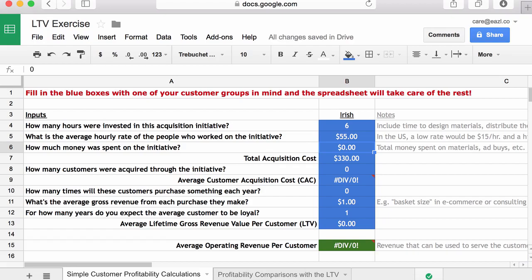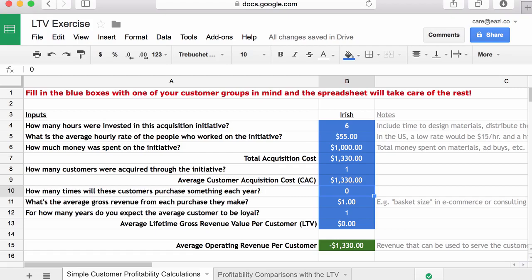Then we had to pay the Irish $1,000, because that's the upfront fee that we're paying them in exchange for using our ticketing platform. So in this case, we acquire one customer, and the customer acquisition cost is $1,330.